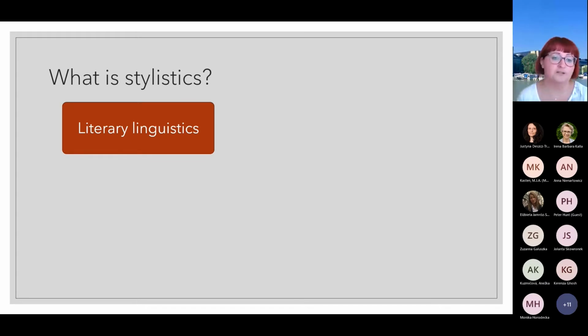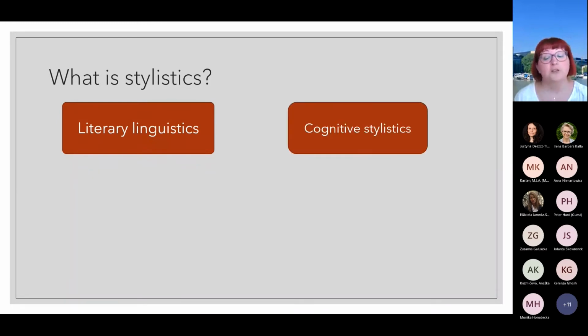If you ask literary scholars, they would say, oh, you're more serious, you're towards linguistics. It's like an in-between term, but I don't think it's extremely helpful.